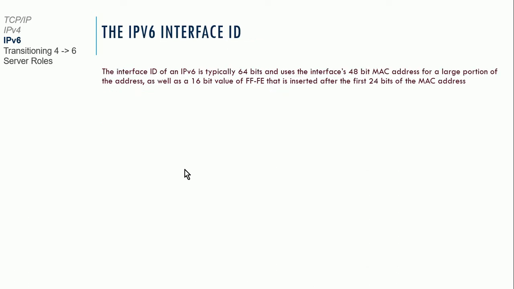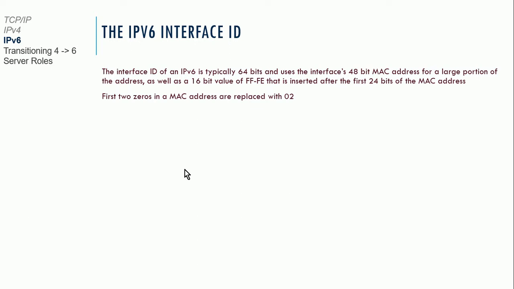So the interface ID of IPv6 is typically 64 bits and uses the interface's 48-bit MAC address for most of the address, and then it's a 16-bit value that is inserted after the first 24 bits of the MAC address. So you can use part of the MAC address as part of the IPv6 address, because we have such a huge space, and that helps us ensure unique addresses.